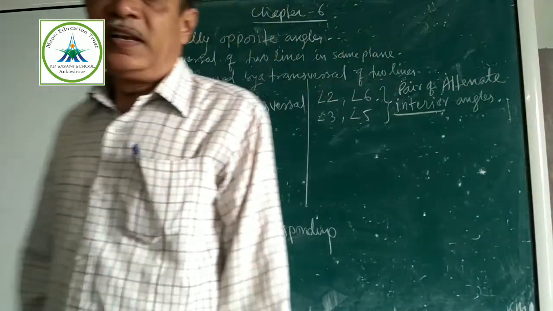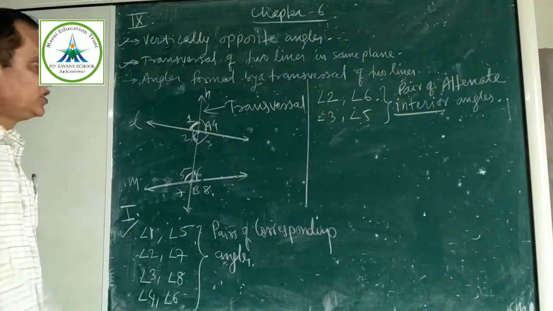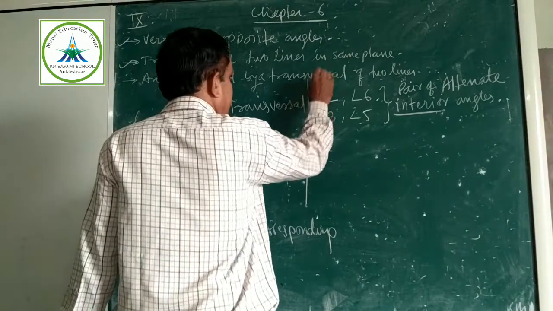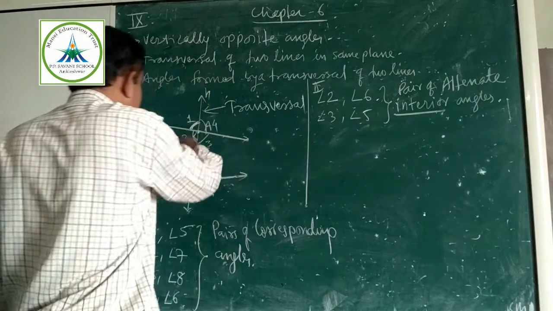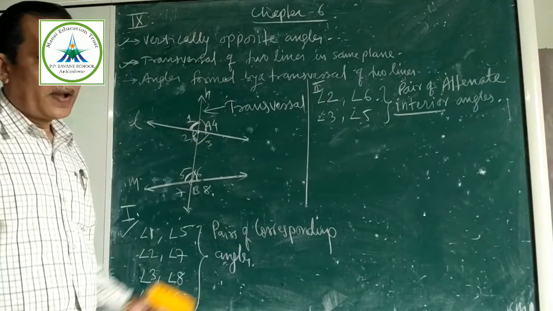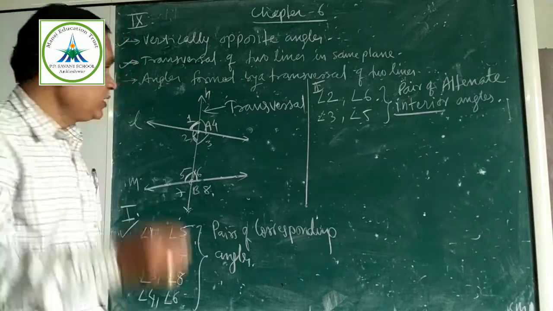Pair of alternate interior angles. What about 4 and 7? Yes. Why interior? Inside these lines. Now again, I am writing one more pair.